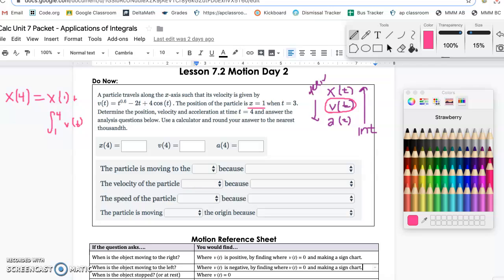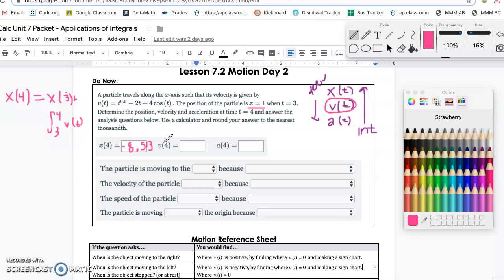Next, I'm plugging that into the calculator. Hang on, sorry, I made a mistake here. The position's 1 when time equals 3. So this should be a 3, and that should be a 3 there. And when I do this, I should get negative 8.513. I'm just plugging 1 plus this integral of the v of t equation into my calculator.